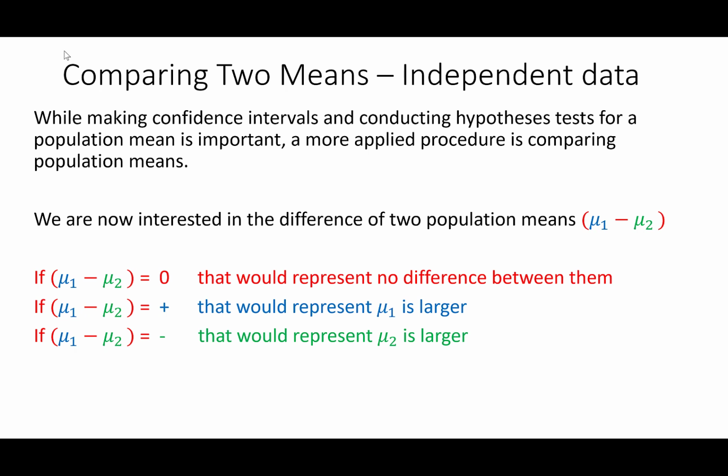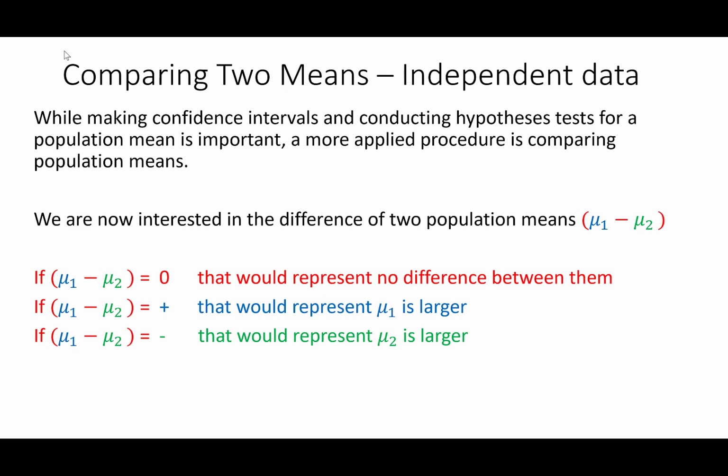If mu1 minus mu2 yielded a positive outcome, that would represent that the first mean is larger. And if mu1 minus mu2 equaled a negative value, that would imply that mu2 is bigger. So based on estimating the quantity mu1 minus mu2, we'll be able to determine which one is bigger, which one is smaller, or if there's no difference.